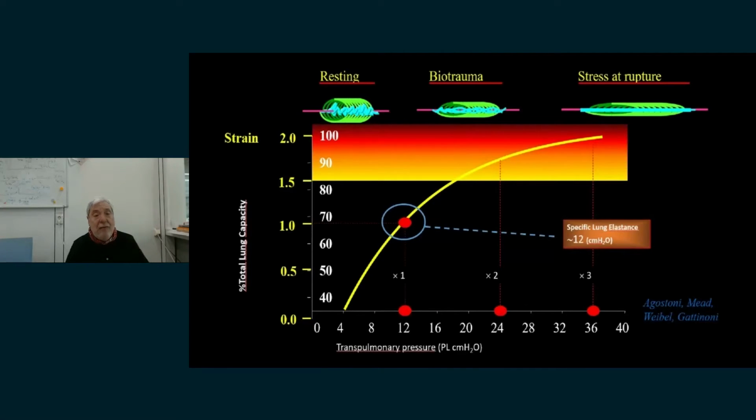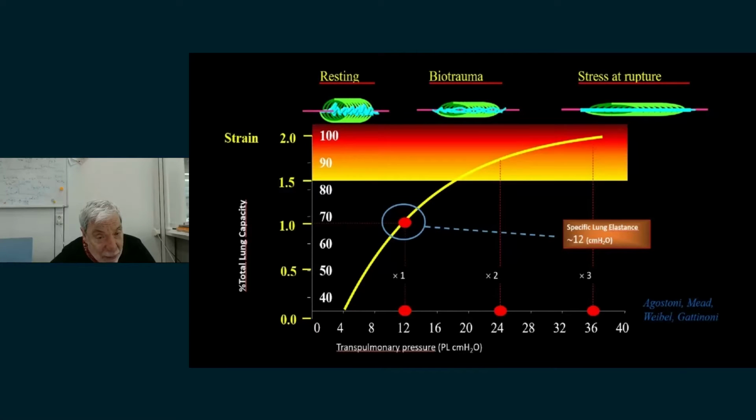Now, if I look at the whole system, this is an old graph derived from the Handbook of Physiology. You can imagine that I apply a force, and the force is the transpulmonary pressure. The stress is equal to the transpulmonary pressure applied, with the opposite sign, and is associated with strain. We have a resting situation, then some strain up to the biotrauma, and in the end the stress at rupture.